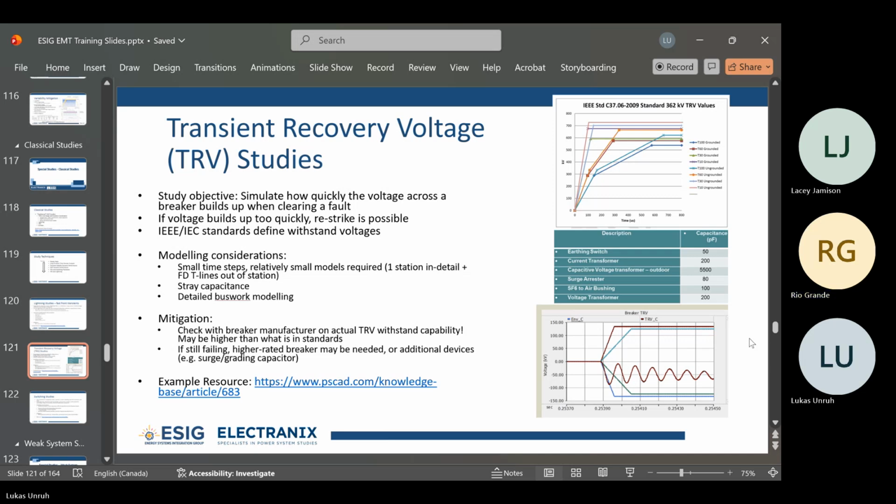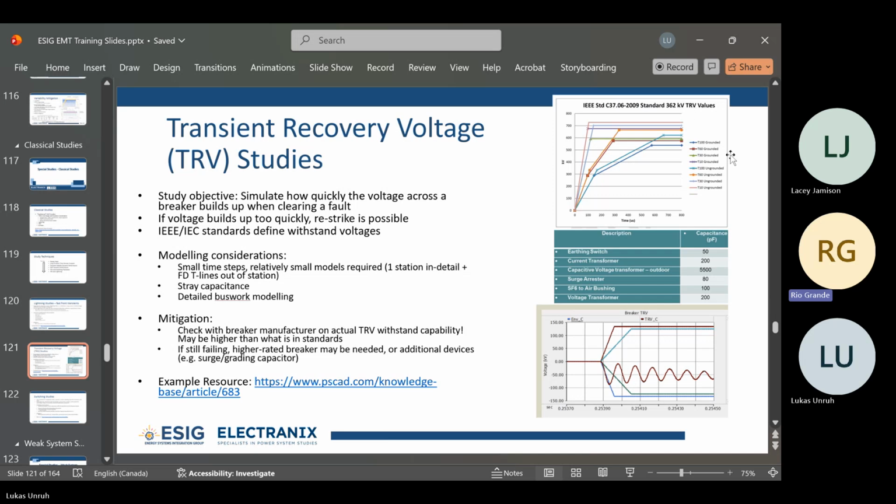One guy in our shop is sort of the TRV guy, and he's got many years of experience doing these studies. So we have some experience in terms of what details need to be included for these sorts of studies in the general study process. Again, there are lots of resources you could look at. In terms of standards, there are fairly well-defined IEEE and IEC standards for how fast this voltage can rise after the fault, and what's going to be a problem and what's not.